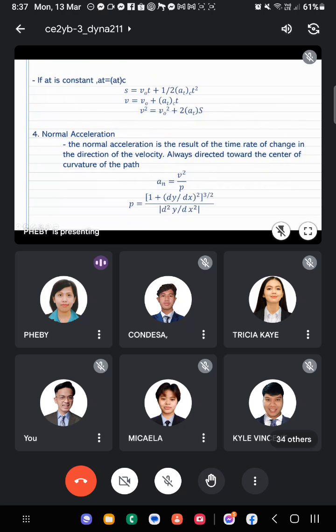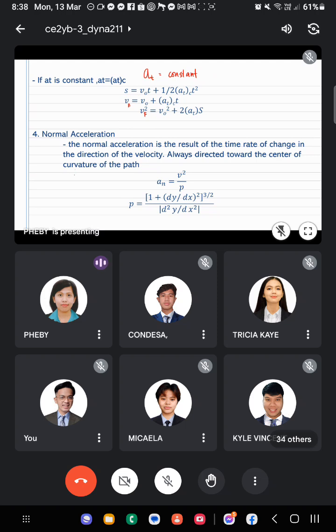And for constant acceleration, or constant tangential acceleration, AT is constant. Its formulas: S is equal to initial velocity times time plus one half AT t squared, final velocity is equal to initial velocity plus AT t, and final velocity squared is initial velocity squared plus 2AS, which we use for uniform or constant acceleration.